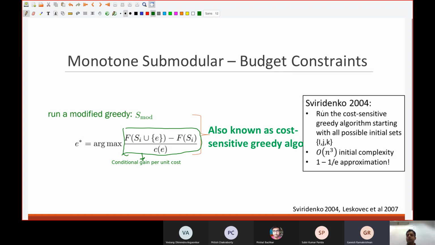Okay, so Sviridenko in 2004 said, you can do this, but do the following. Before you run this, you need to do a little bit more work. Okay, so this is the cost sensitive greedy algorithm. But you start with all possible initial sets, LJK.